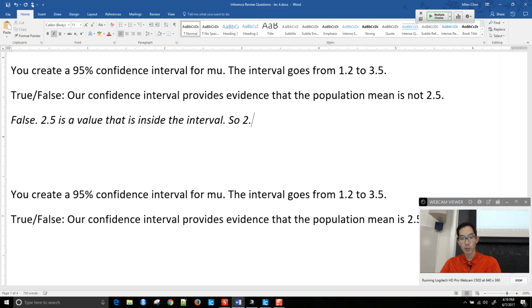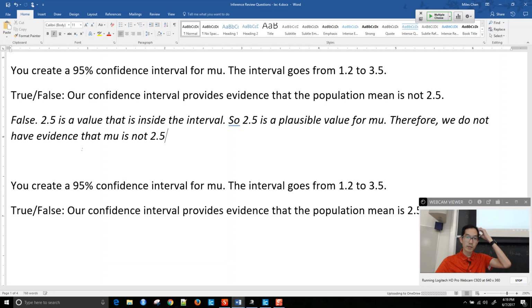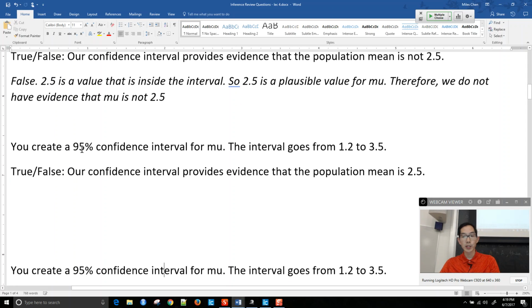So 2.5 is a plausible value for mu, and therefore we do not have evidence that mu is not 2.5. Is that good?